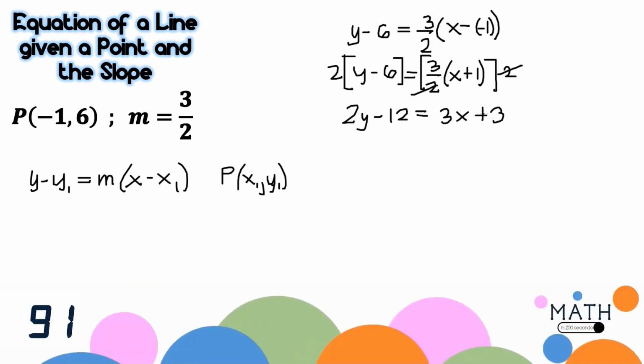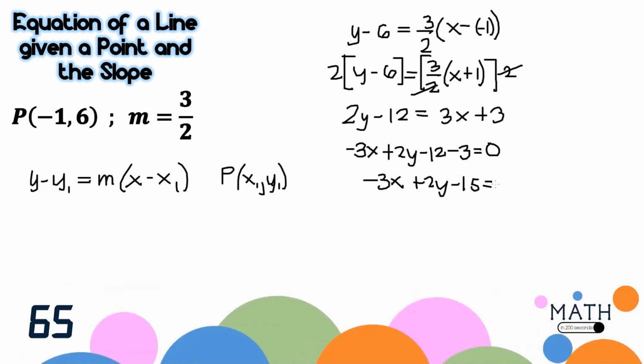Now, let's try to come up with the general form of this by moving these terms to this side. So subtracting both sides by 3x, you have minus 3x, and then plus 2y, then you have minus 12, and you also have minus 3 as you subtract 3 from both sides. So your general form is negative 3x plus 2y minus 15 is equal to 0.